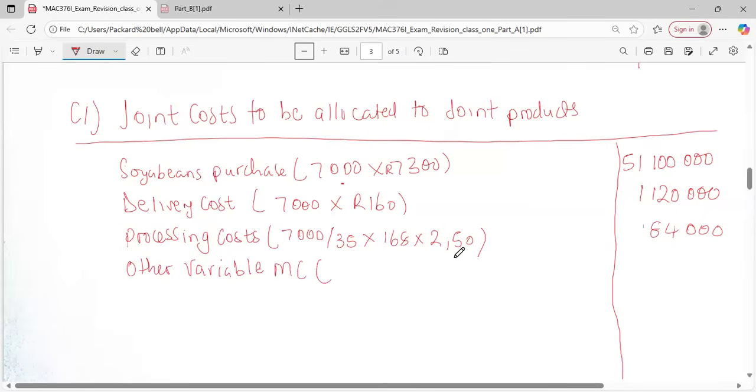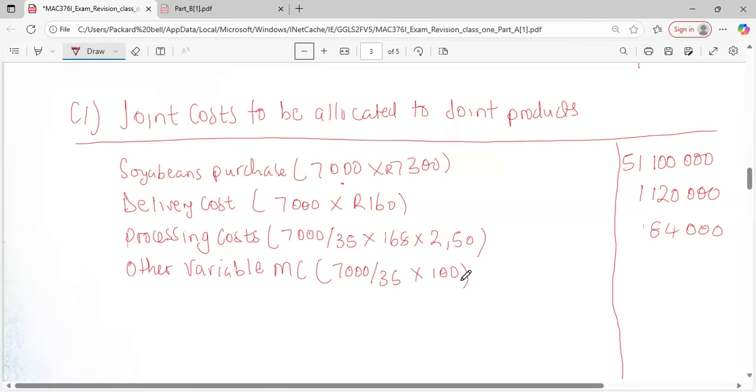So they say other variable manufacturing cost is 100 per batch. So which means you now need your number of batches here, divided by 35, times 100. That is going to give you the other variable manufacturing cost. How much is it going to be?